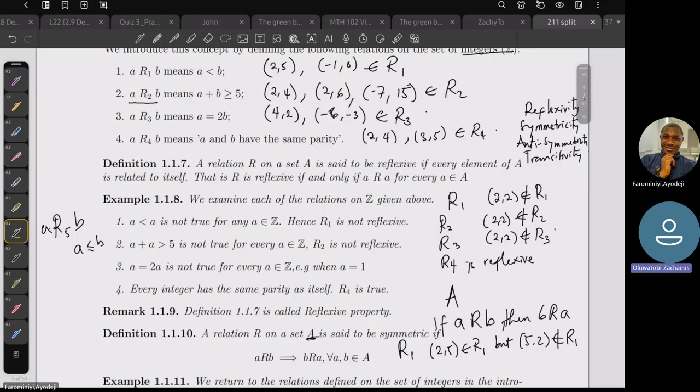Let's say we have the same 2 and 5. 2 is less than or equal to 5, but 5 is not less than or equal to 2. So see, when we changed the relation a little bit, it became reflexive, but it still is not symmetric.